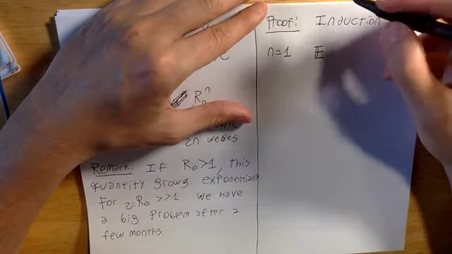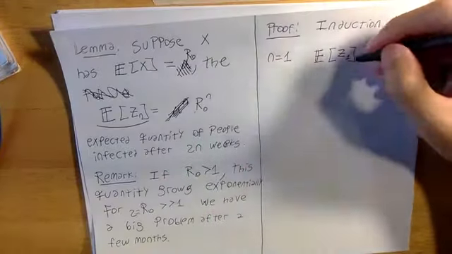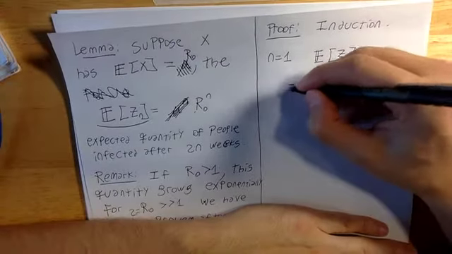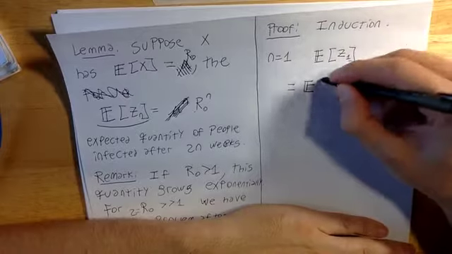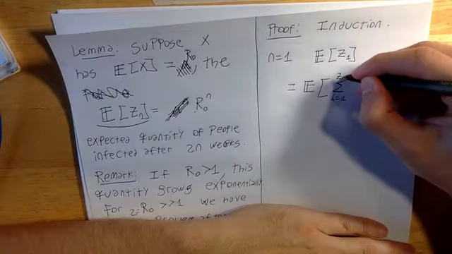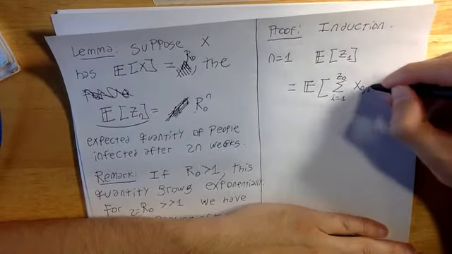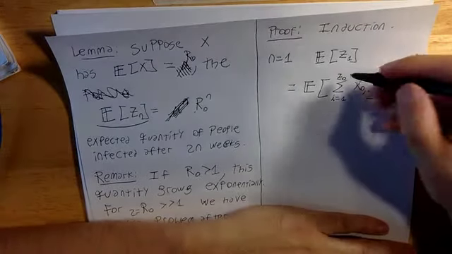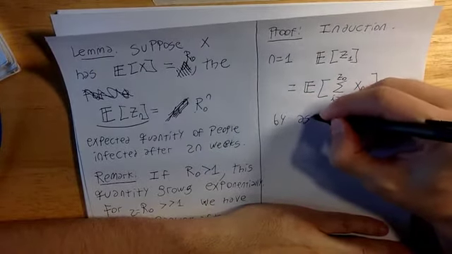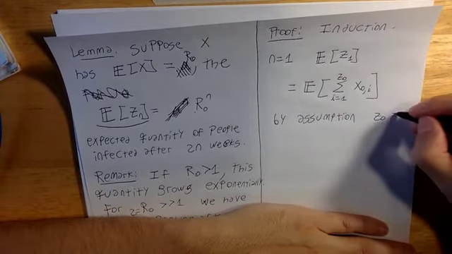The expectation of Z1, by our definition, is the expectation of the sum from i equals 1 up to Z0 of X0i. But Z0 by assumption is equal to 1.